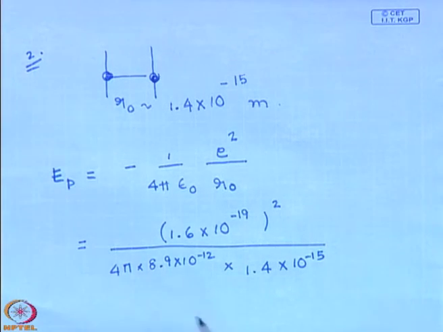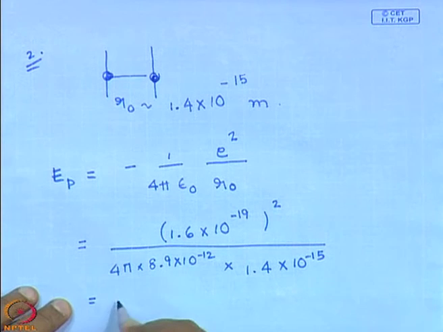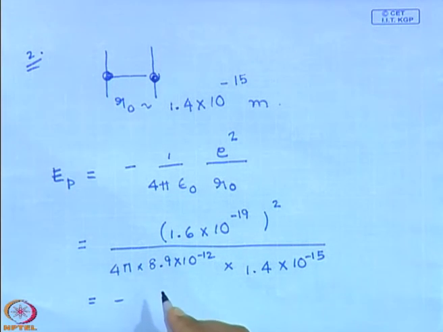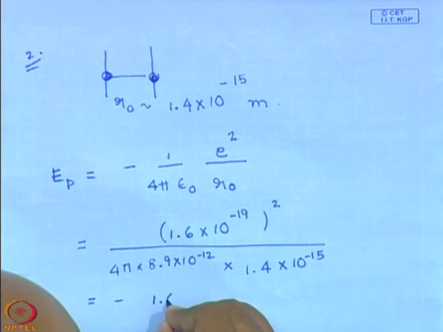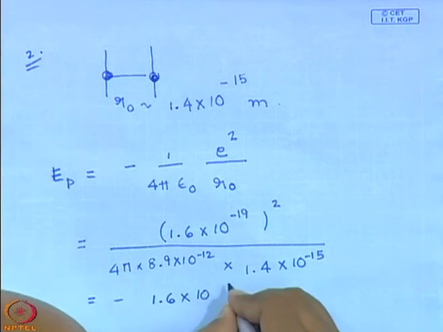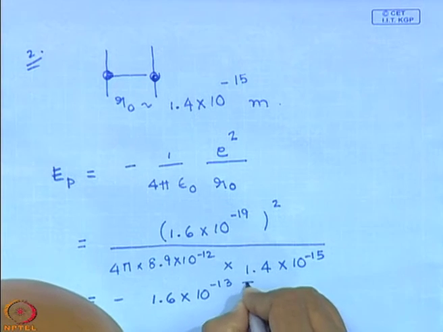You put in these numbers and the potential energy comes out to be of the order of 1.6 into 10 to the power minus 13 joules.